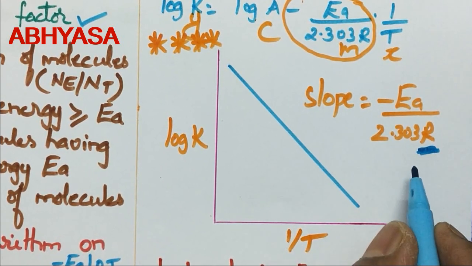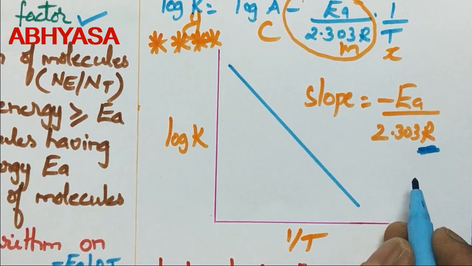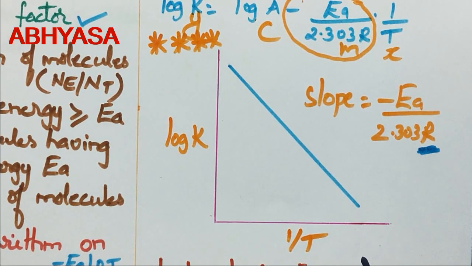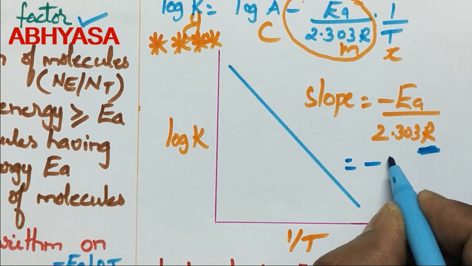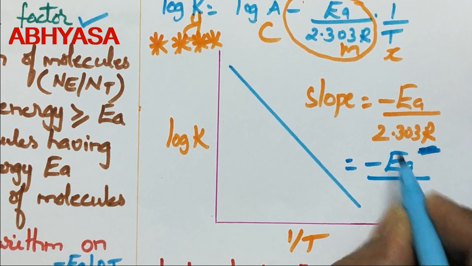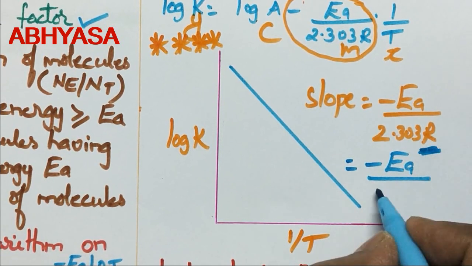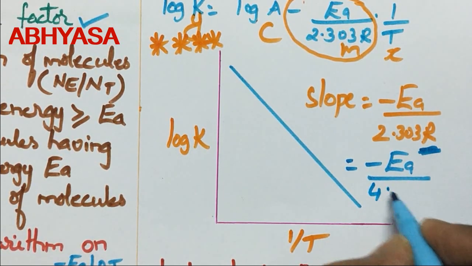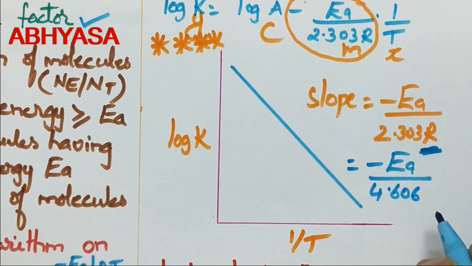For example, when R is expressed in terms of calories, it is 2 calories approximately. In one of the options you will be having minus Ea by 2.303 multiplied by 2. So this becomes 4.606. Isn't it?